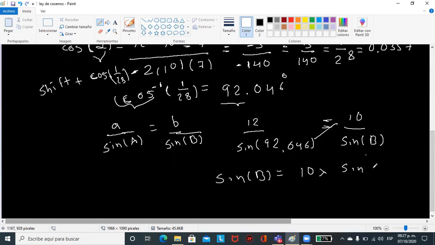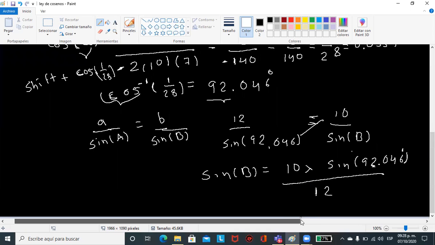Over this 12, which is on this side, so let's pass it to the other side, dividing, and let's solve this in your calculator, guys.